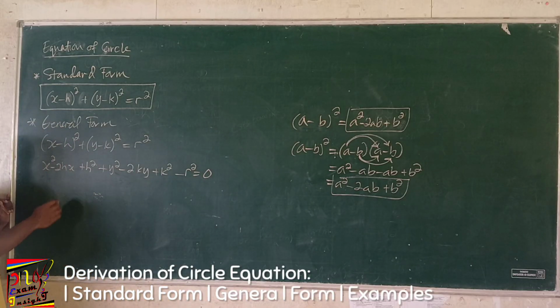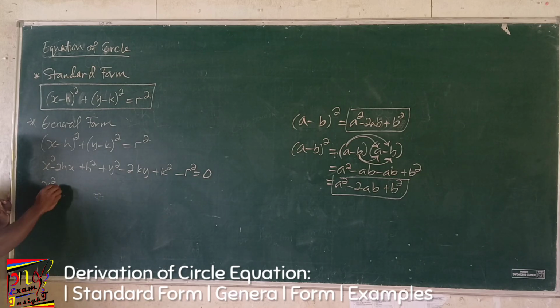In those terms, let me bring the highest degree terms together. The highest degree is 2, which is x squared and y squared. The others are constants, so let's leave them as they are.